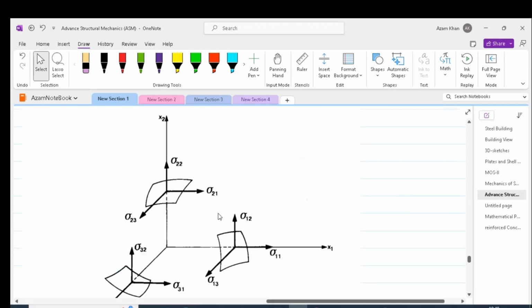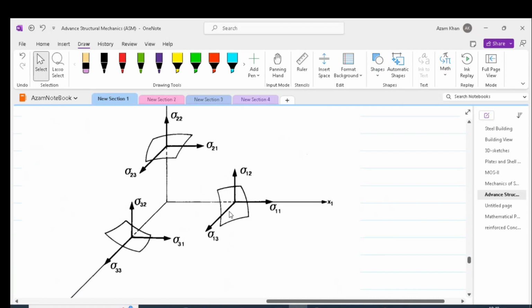We can also look into this figure and see that the faces which are perpendicular to x1, x2 and x3 will give us sigma 1, sigma 2 and sigma 3 accordingly.